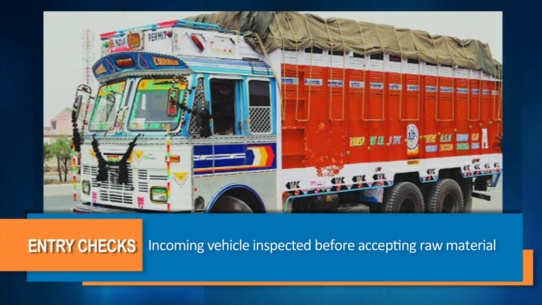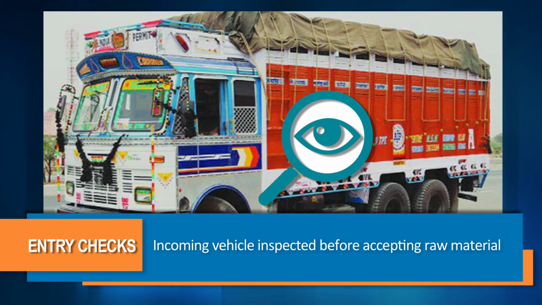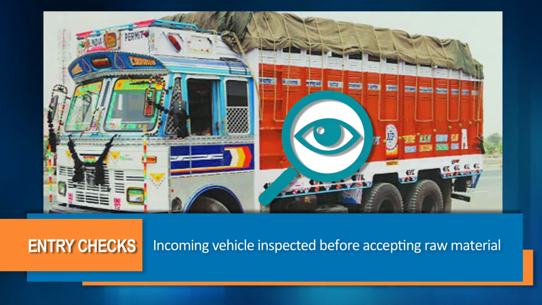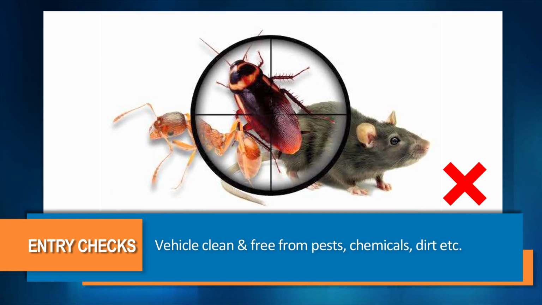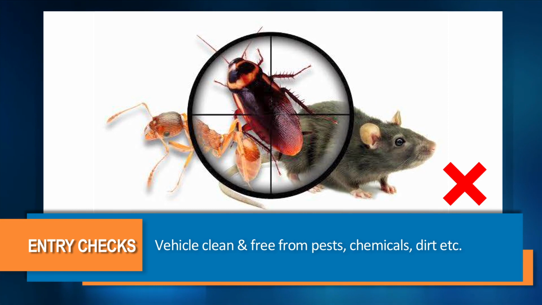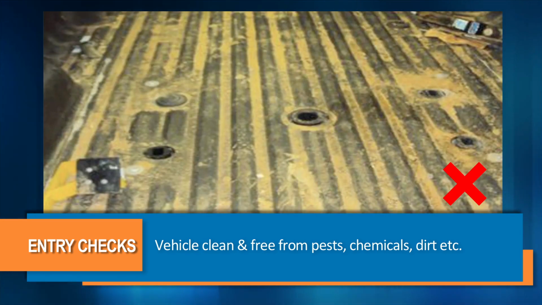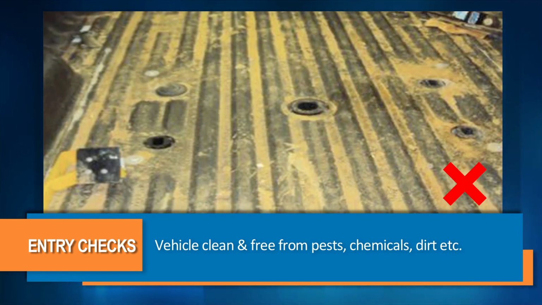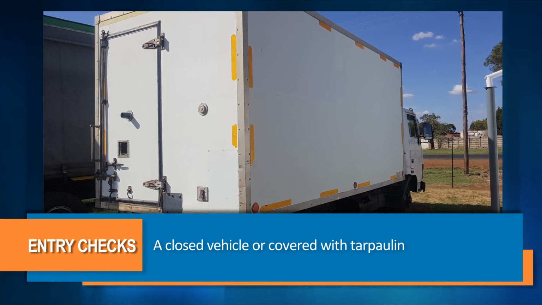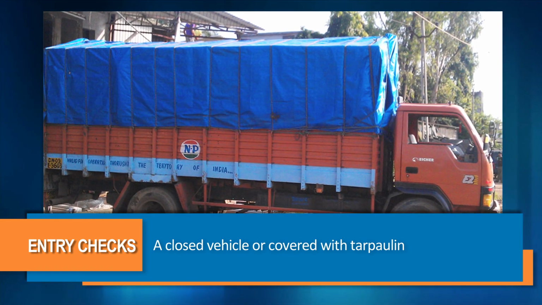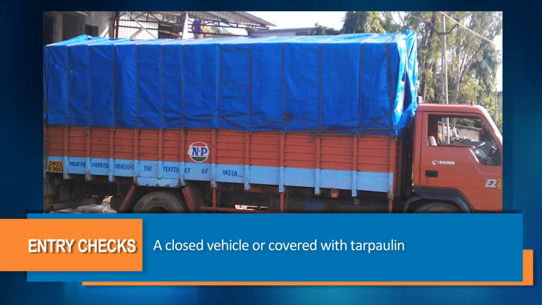Incoming vehicle shall be inspected before accepting the raw material. Vehicle should be clean and free from pests, chemicals, dirt, etc. It shall be either a closed vehicle or covered with tarpaulin to protect the raw material from external environment.